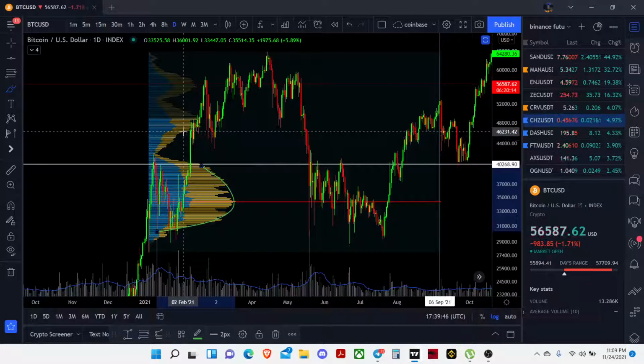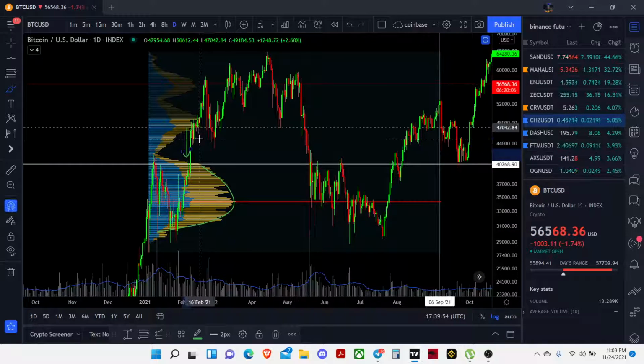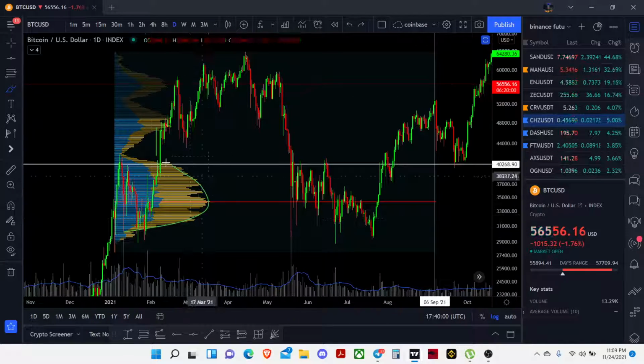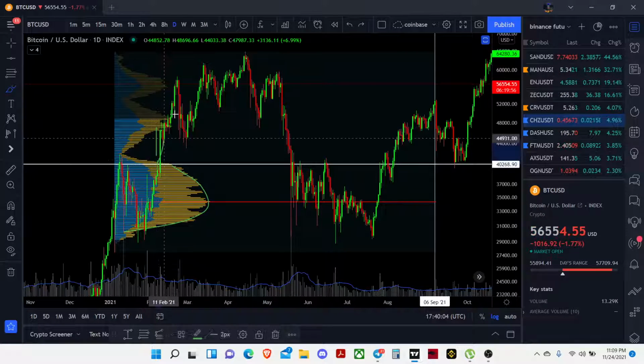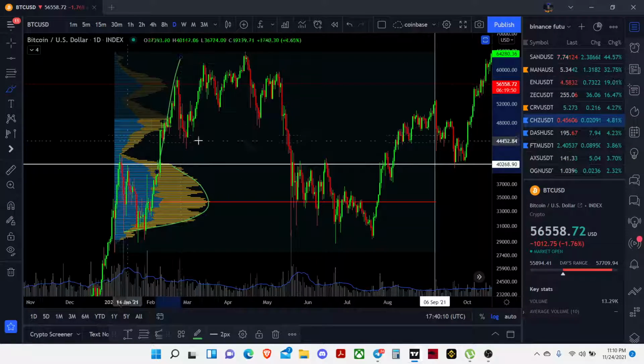So it's very easy to pass through this region, because we don't have that much volume there. That is what we basically call the volume nodes. This is actually a void. We call it a liquidity void, because the moves which happen through there are very big, volatile moves, because there isn't a bunch of liquidity.